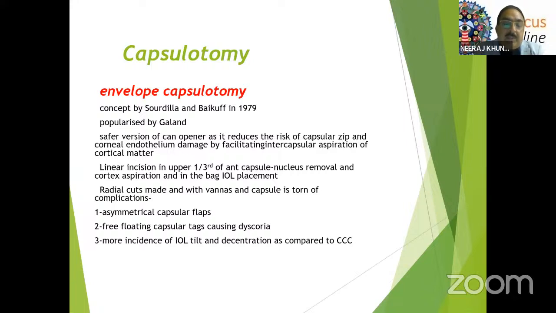Linear incision in upper 1/3 of anterior capsule, nucleus removal and cortex aspiration, and in the bag IOL placement. Radial cuts are made and with Vannas the capsule is torn off. The complications are asymmetrical capsular flaps, free floating capsular tags causing dysphotopsia, and more incidence of IOL tilt and decentration as compared to CCC.